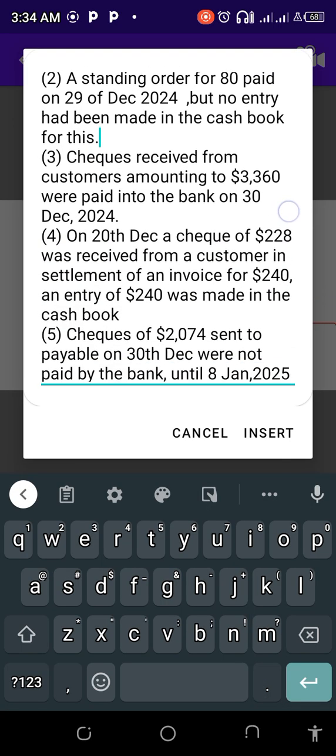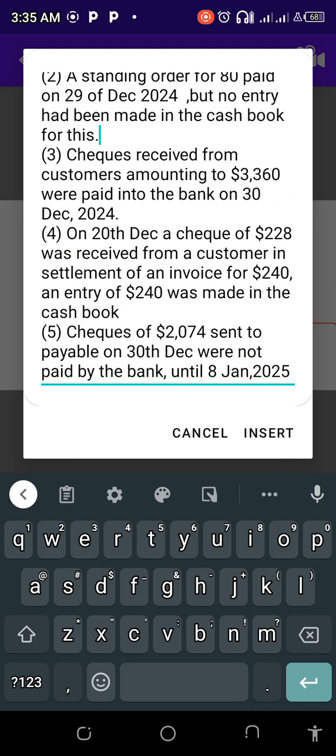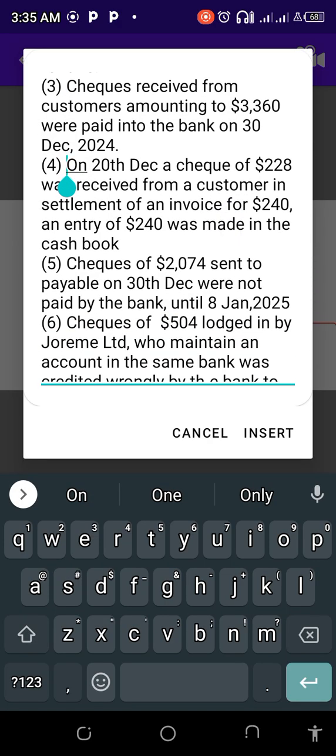3. A check received from a customer amounting to $3,360 was paid into the bank on the 30th of December 2024. 4.